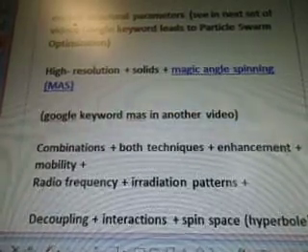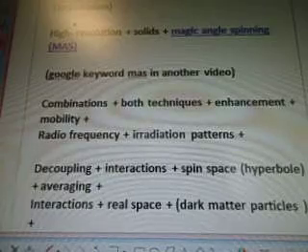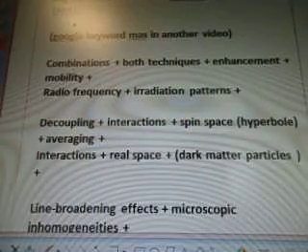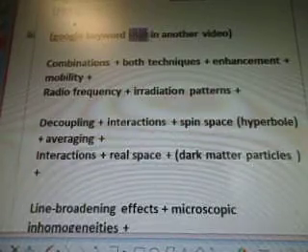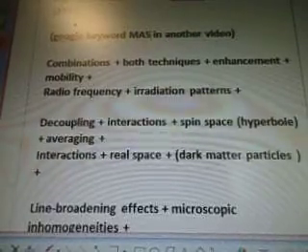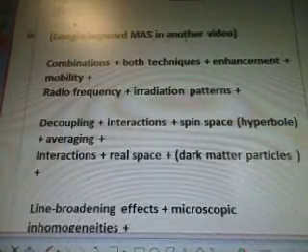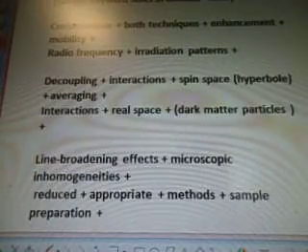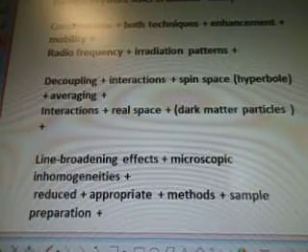High resolution solids, magic angle spinning, MAS. Google keyword MAS in another video. We have to change that to capital MAS so you know what I'm talking about. Combinations, both techniques, enhancement, mobility, radio frequency, irradiation patterns.